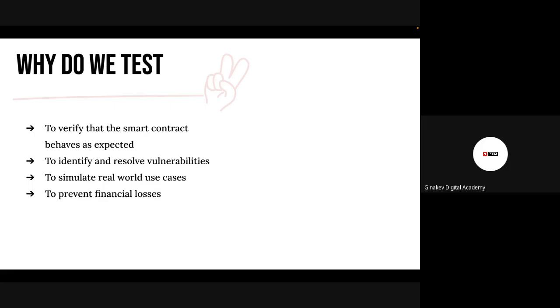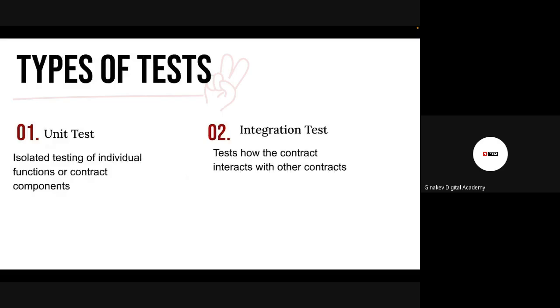Another reason is to simulate real world use cases, and most importantly, to prevent financial losses, which we've talked about. There are so many other reasons, but these are the ones I listed here. Then we're going to talk a little bit about types of tests.